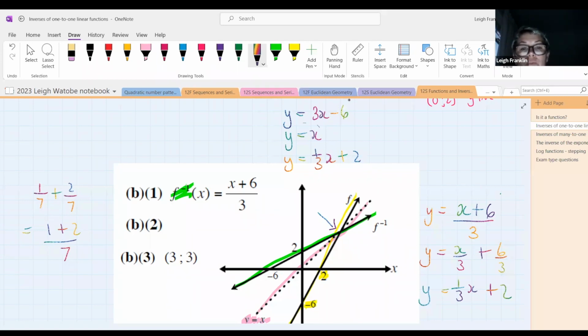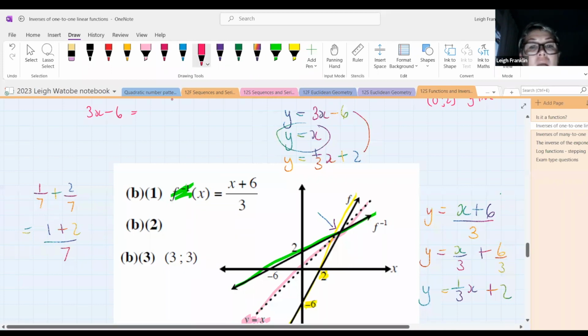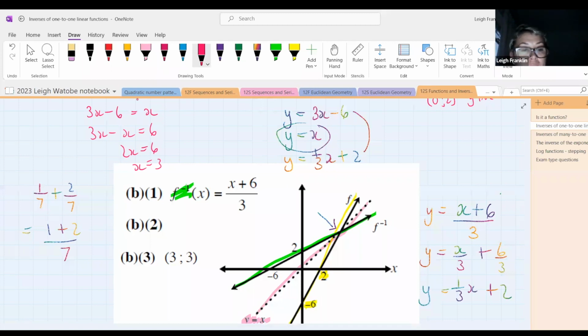If you use the one in the middle, it's going to make life so much easier, but you can use the other 2 if you want. If I take 3x minus 6 and make it equal to x, I end up with 3x minus x equals positive 6. So 2x equals 6, so x equals 3.